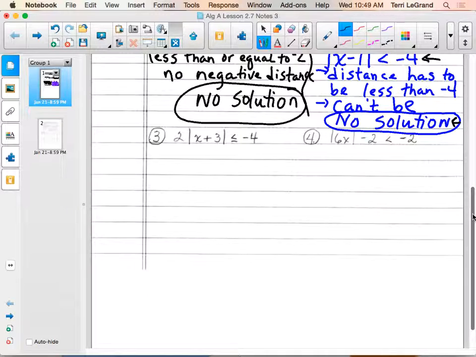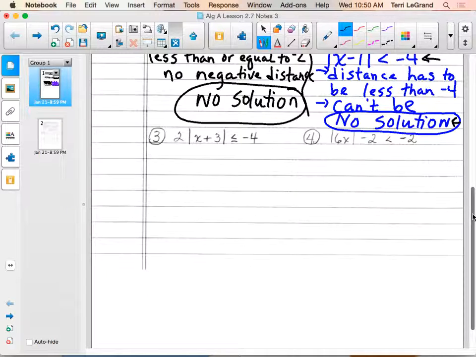Distance has to be more than, not less than negative. Are we ready to talk about distance yet? What are we going to do first, Devontae? Divide by 2 on both sides. Because why? Get rid of everything outside of those bars. What are those kinds of bars called? Absolute value bars. Yeah, absolutely.